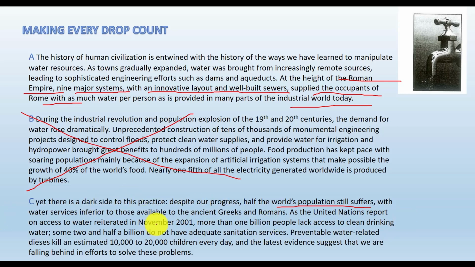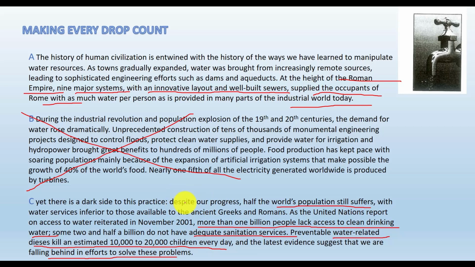So that's important. Some 2.5 billion do not have adequate sanitation services. Preventable water-related diseases kill an estimated 10,000 to 20,000 children every day. And the latest evidence suggests that we are falling behind in efforts to solve these problems.